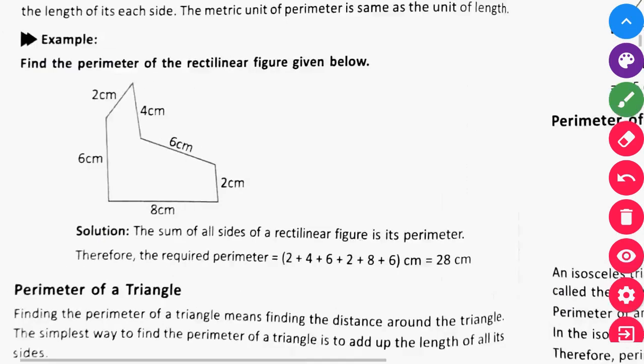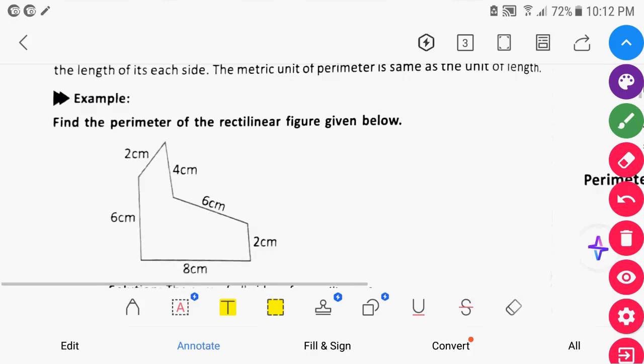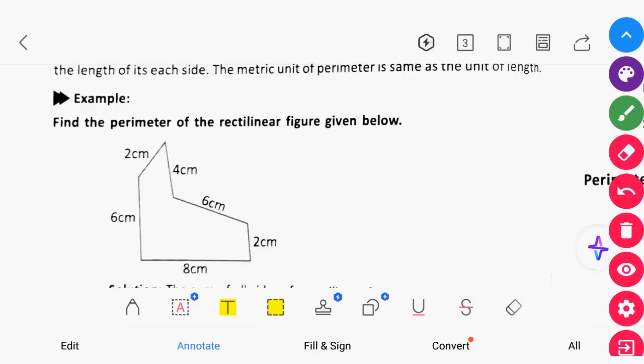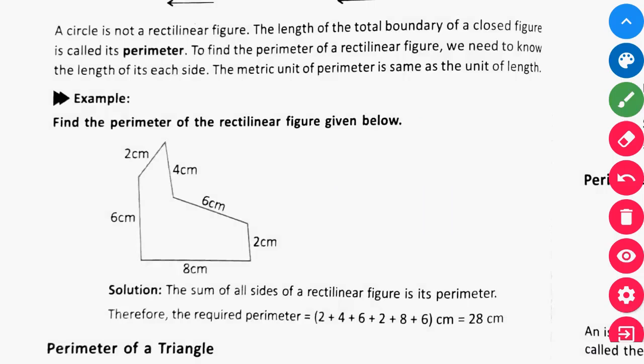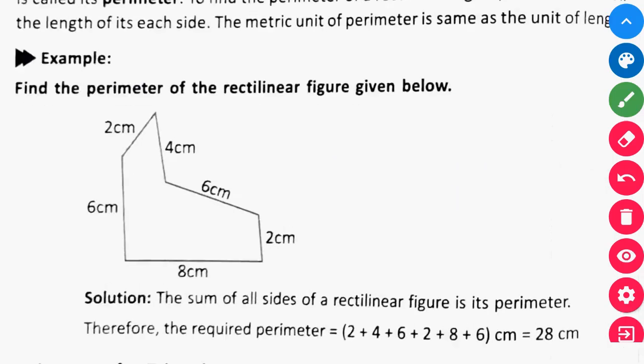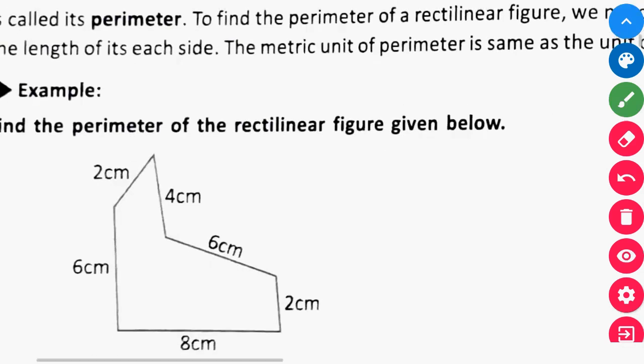Now one example is given, that find the perimeter of the given figure below, and measurements are given to us. So see, this is the figure and we have to find the perimeter of it. So perimeter is nothing but the addition of all the sides.